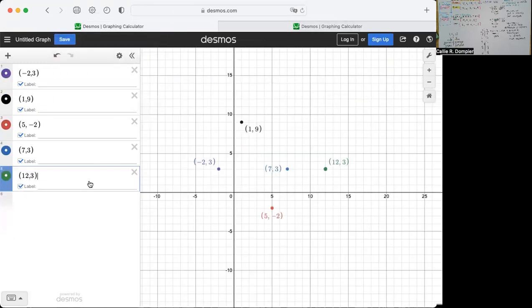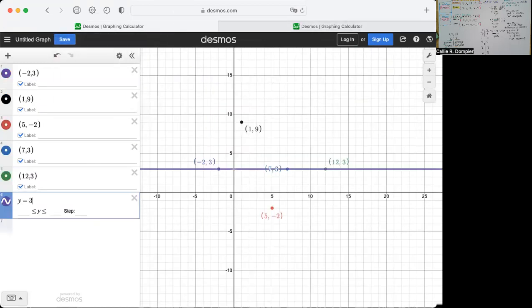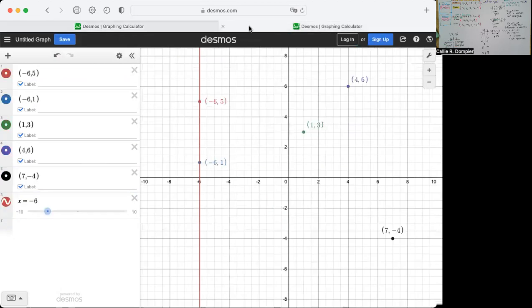If y is 3, that's okay. Y being 3 multiple times, 1, 2, 3 times, that's okay. Going back to the other graph, x being -6 2 different times is not okay. It is okay that when x is 1, it only touches 1, 3, but here, because x at -6 touches both -6, 5 and -6, 1, that makes it not a function.